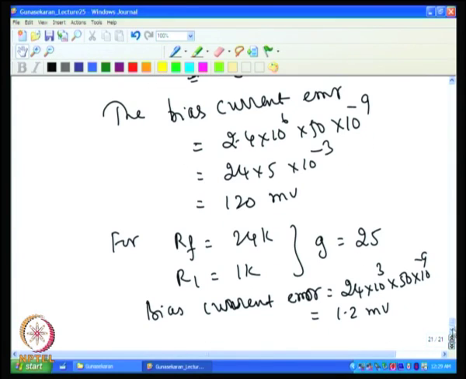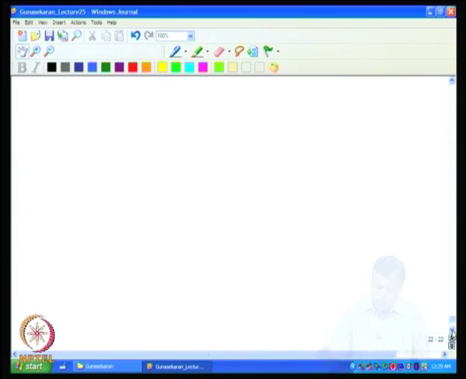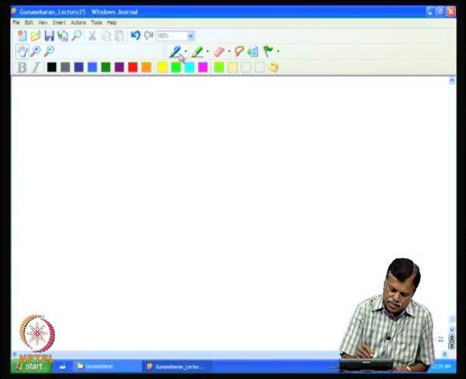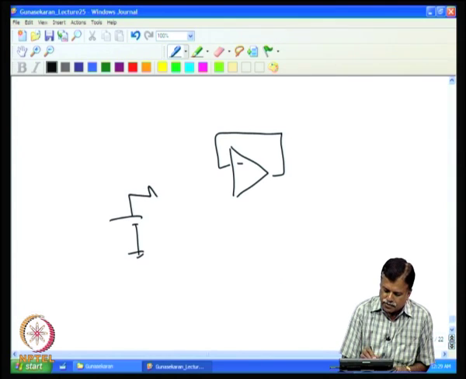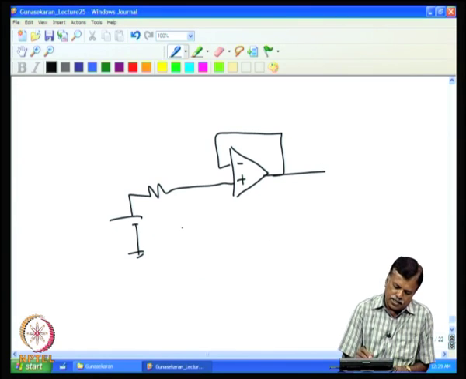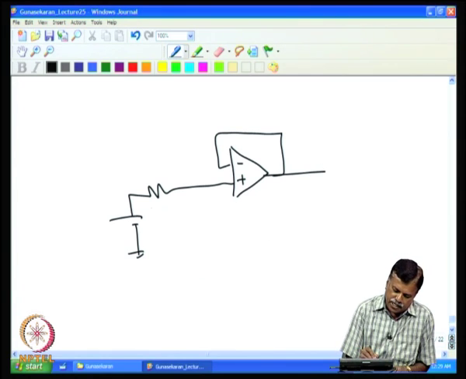But if we have a circuit like this, for example with an input and a resistance here, then for the plus terminal the bias current actually goes through this resistance.